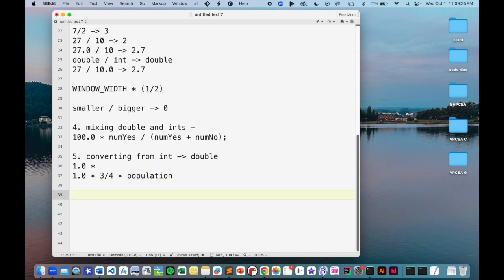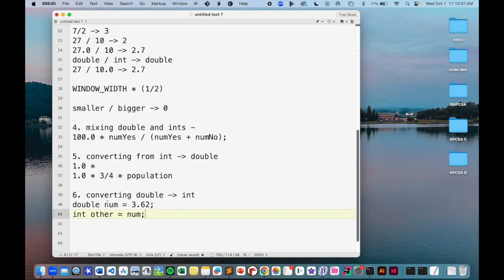I'll show you the other way in a second, but let's talk about the opposite, which is converting from double to int. There's actually no fancy multiplication trick to do for converting between a double to an int, but we can do this. Let's say I have double num equals 3.62, and I want to say int other equals num.